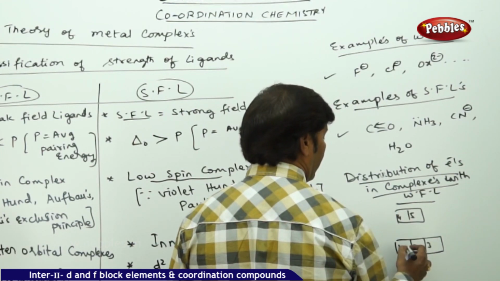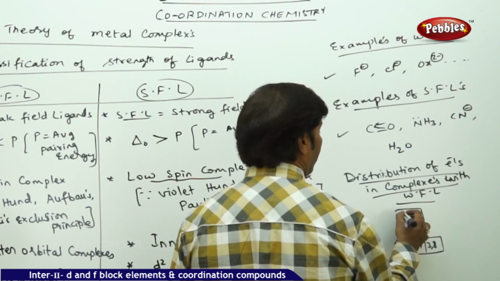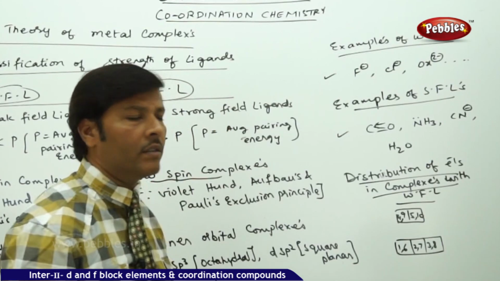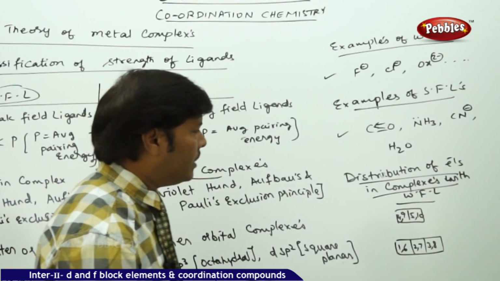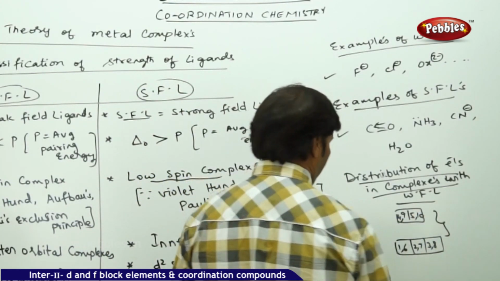Then 1 is paired with 6, 2 with 7, 3 with 8, 4 with 9, and 5 with 10. That means first all five become unpaired, then the pairing will start. This is how the distribution takes place in the case of weak field ligands.